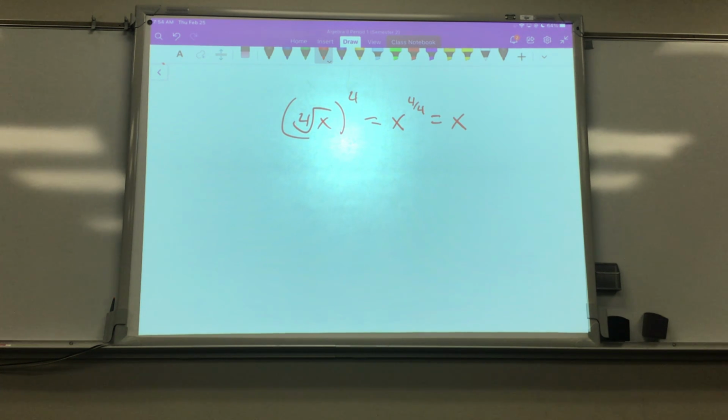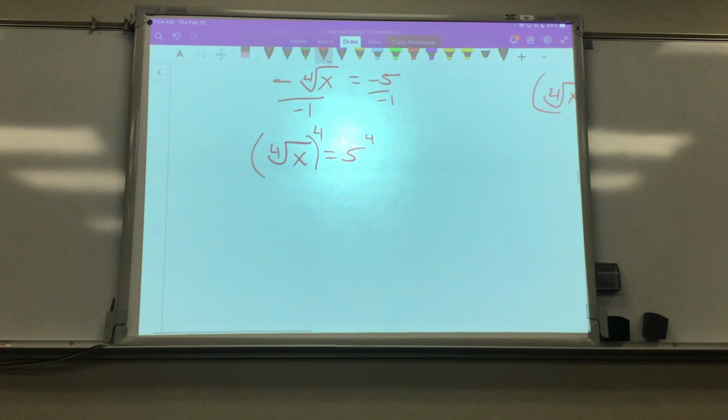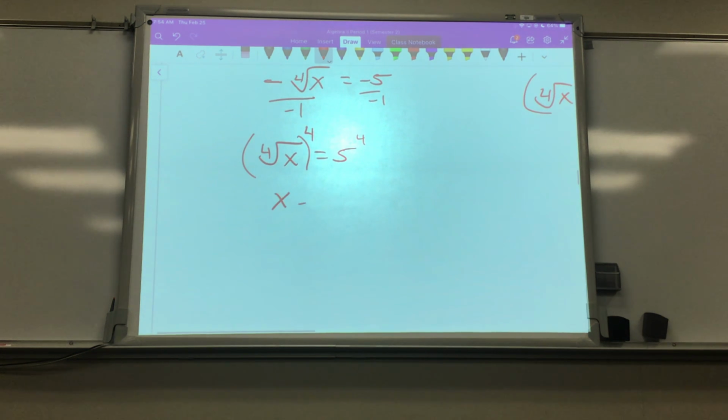So that's how that works. So x equals 5 to the 4th. I'm not going to have a calculator. 5 times 5 is 25. 25 times 5 is 125. 125 times 5 is 625. So if you need to, at test time or quiz time, just go off to the side and do that multiplication.